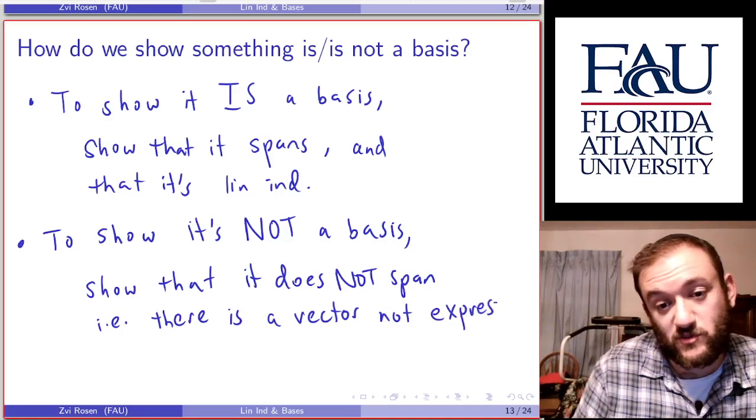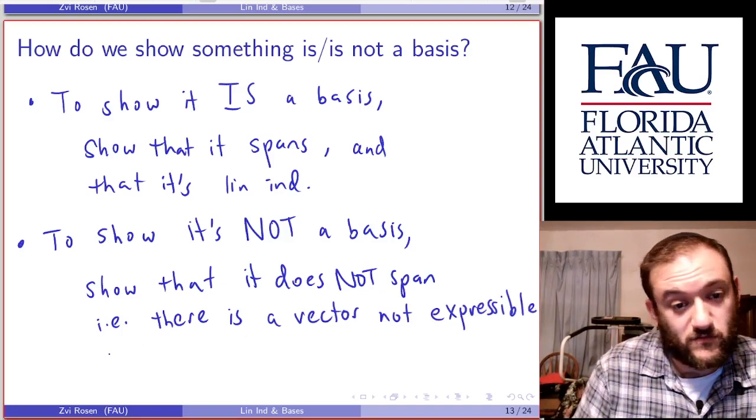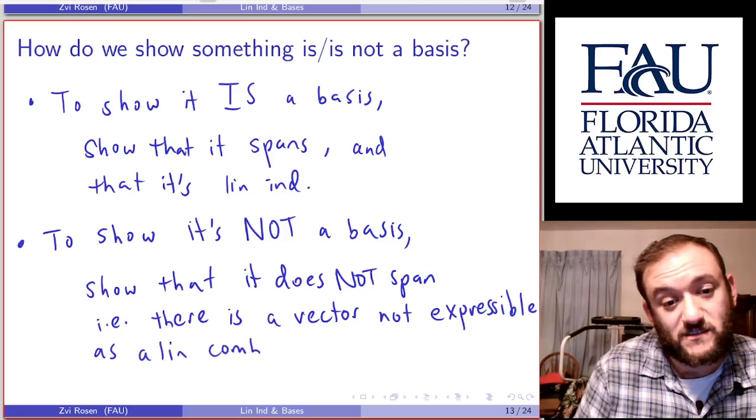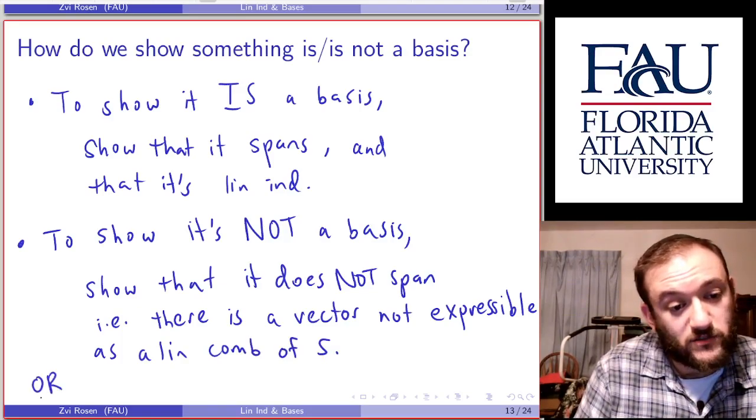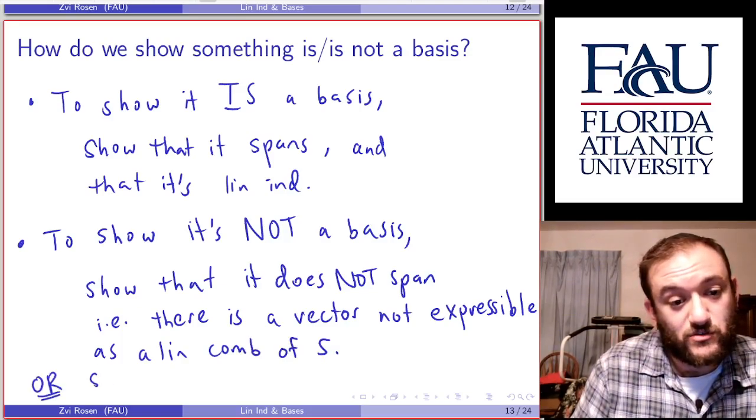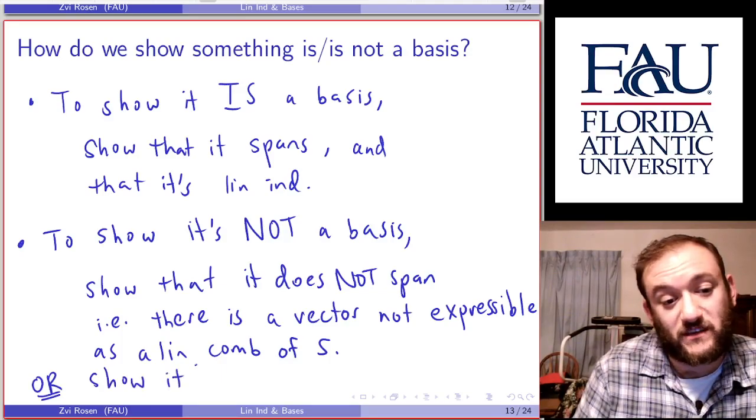Not expressible as a linear combination of S, or alternatively, show it's linearly dependent.